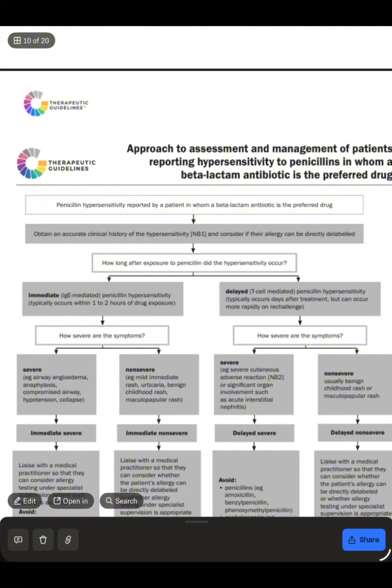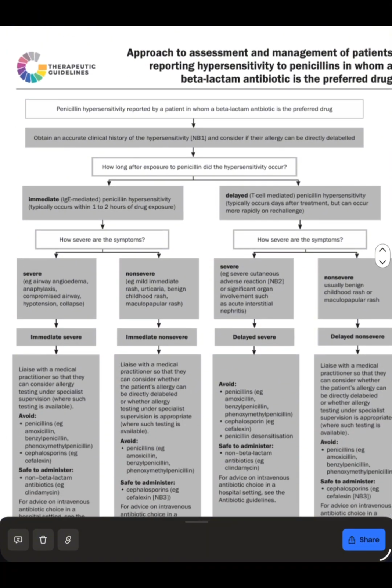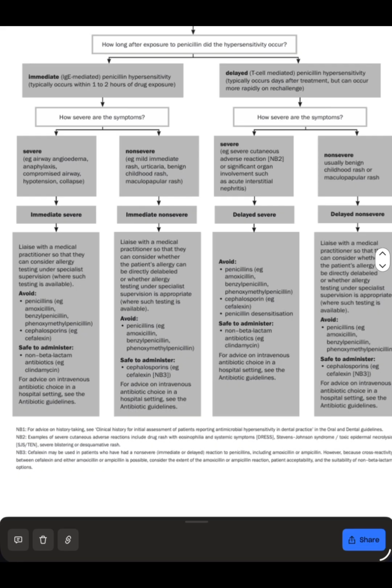Now, after asking about the timing, that is how long after exposure to penicillin did the allergy occur, we need to find out about the severity. So we need to ask how severe the symptoms are. If the symptoms are severe, for example, airway angioedema, anaphylaxis, compromised airways, hypotension, or collapse, those are immediate severe.